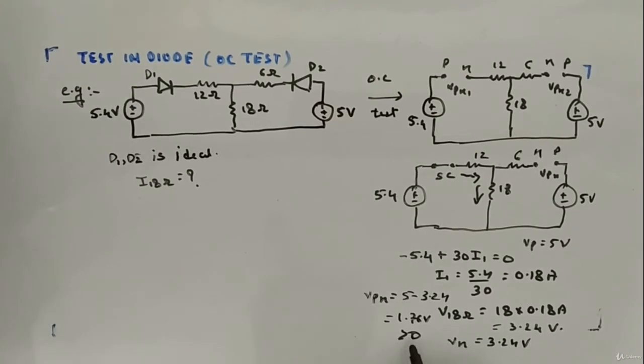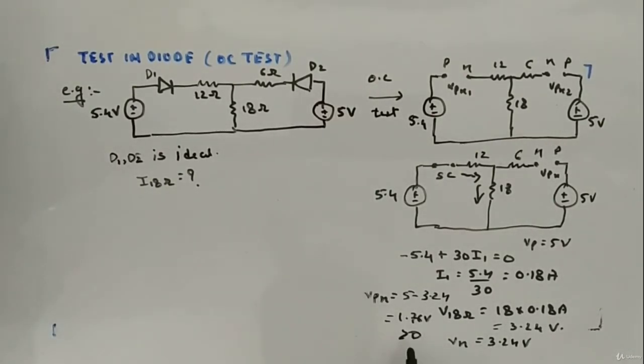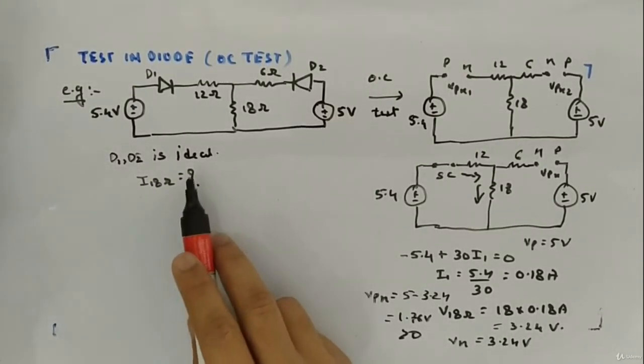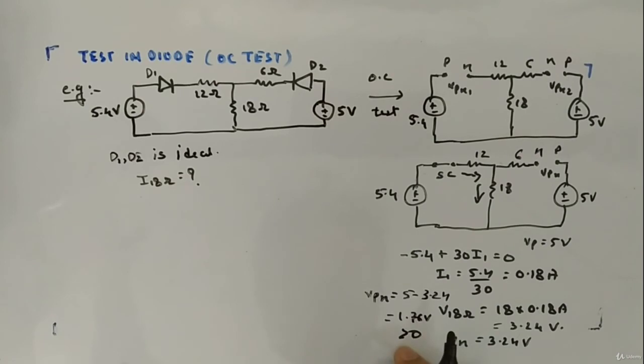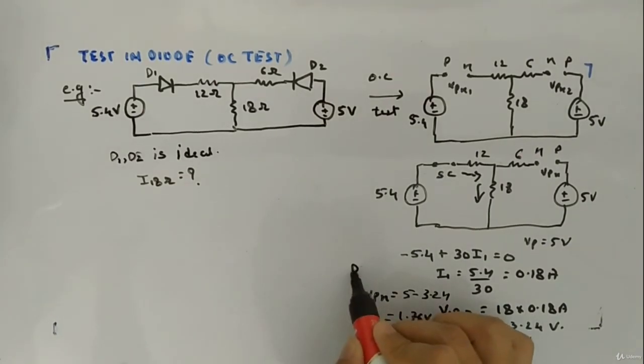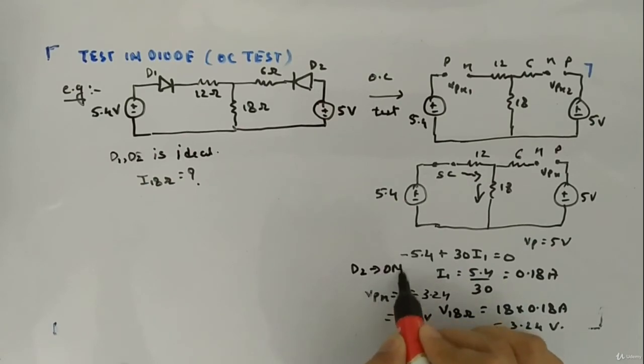Why am I checking greater than 0? Because it's ideal. If there had been a cut-in voltage, I would have checked whether it is greater than V gamma or not. This tells you that D2 is also on, which means D2 will be replaced by SC.